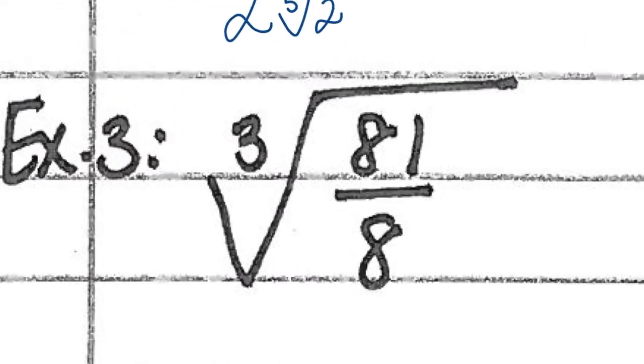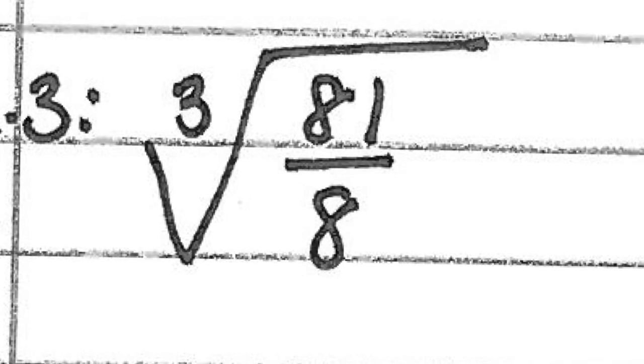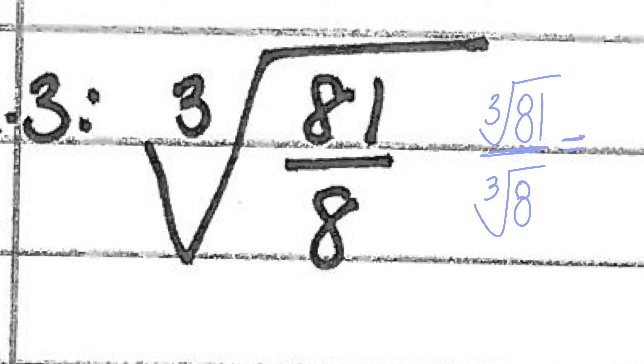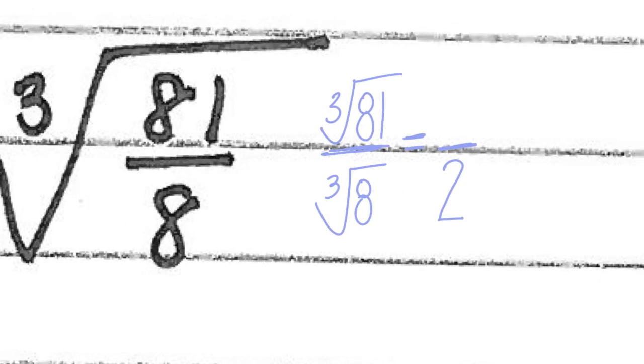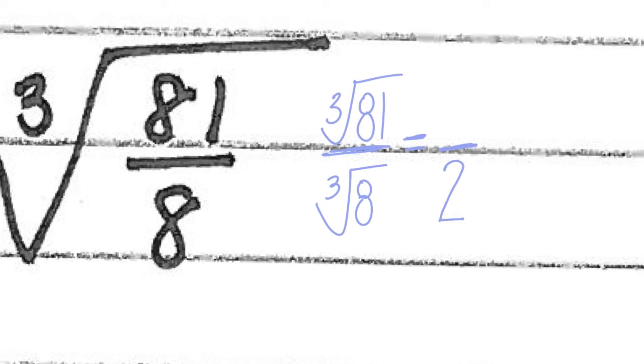Alrighty, this one gets a little fun. We're dividing. I can split this up to be the cube root of 81 over the cube root of 8. And you guys are already saying, hey, I know the cube root of 8. The cube root of 8 is 2. So yes, always simplify that. But 81 we have to break up. Is there a perfect cube in 81?